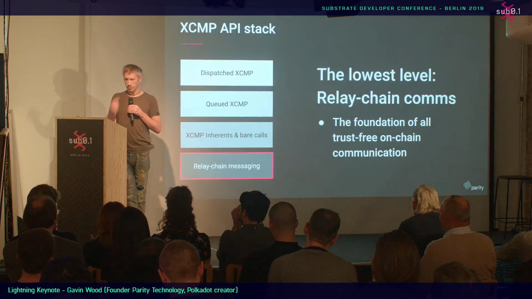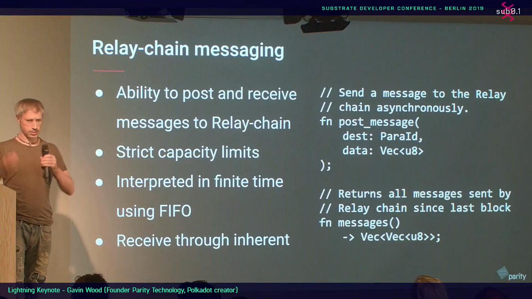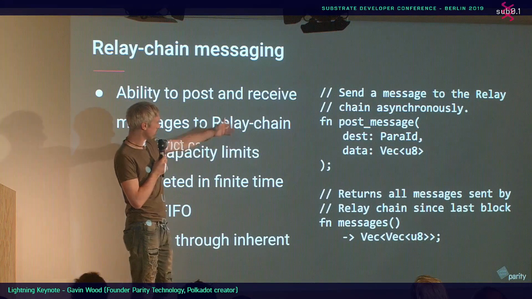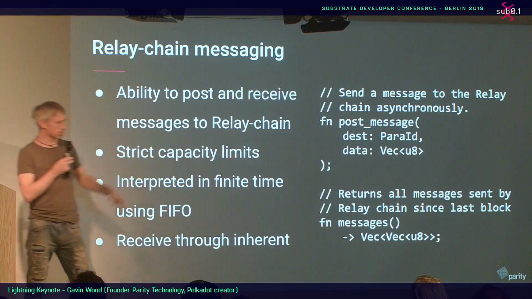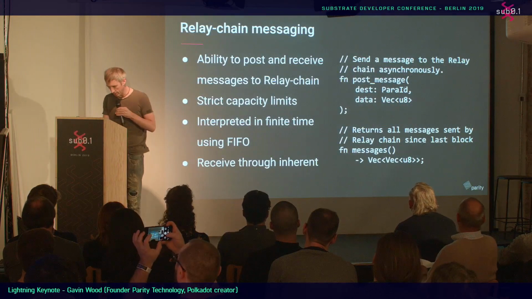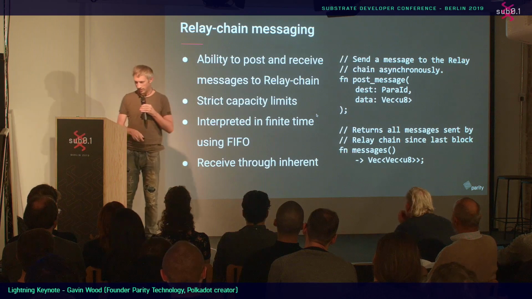So as I say, the thing at the bottom is the foundation of all of this stuff, so it's worth understanding what is provided. Essentially, it provides this message path from the parachain back up to the relay chain. So you've got this post message thing. I need to change this, so that dest para ID shouldn't be there.